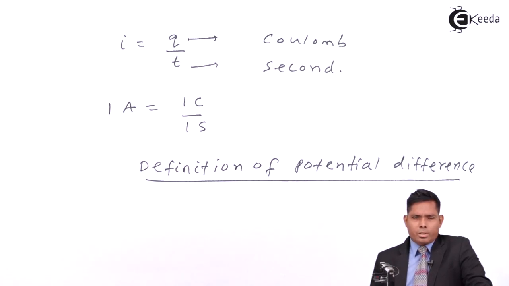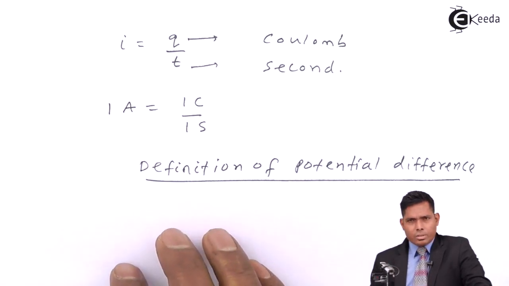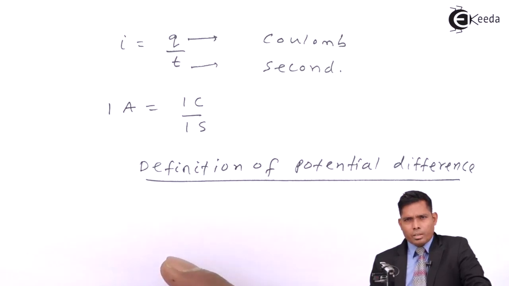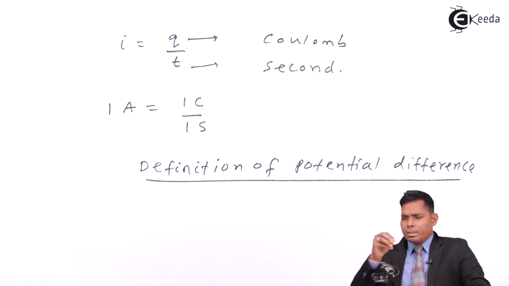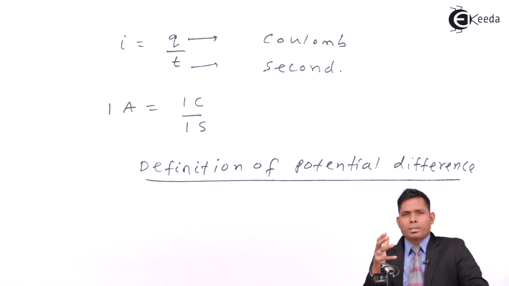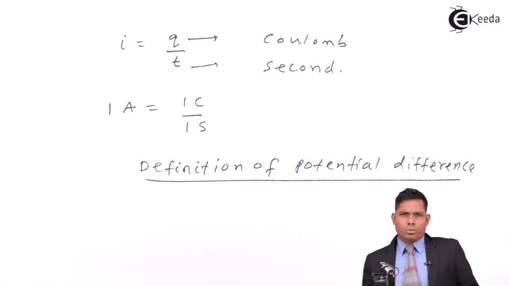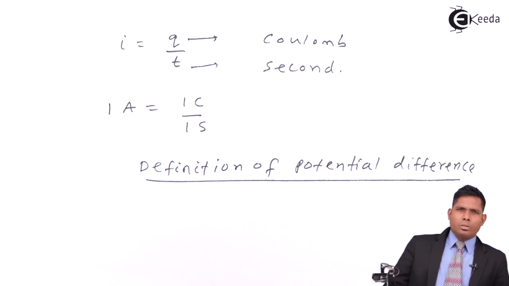How do you define a potential? Suppose I have a charge q at a point in space. Just like a mass placed in space will have a gravitational field around it, the bigger the mass, the greater is the gravitational force.